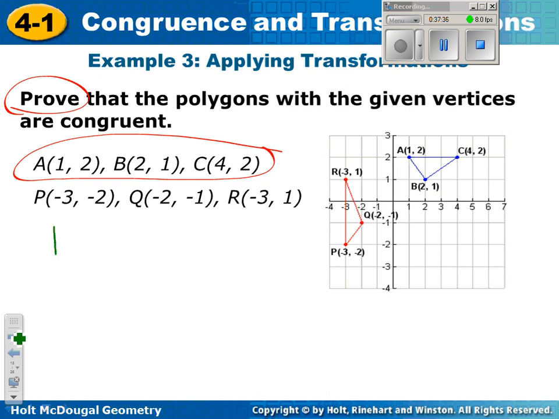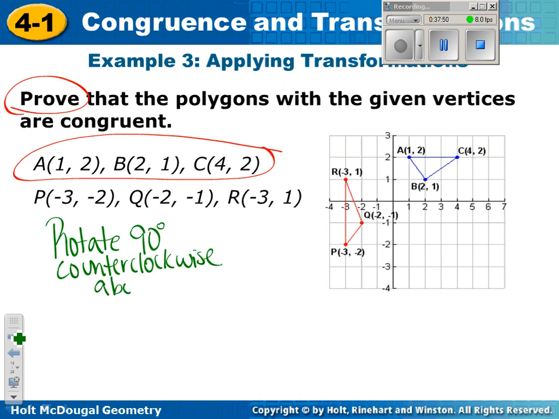Okay, so if I rotate, and again, we're going to stick with about the origin for now. So rotate 90 degrees counterclockwise about (0, 0). According to what we just talked about, that means if I go 90 degrees counterclockwise, what's counterclockwise, left or right?